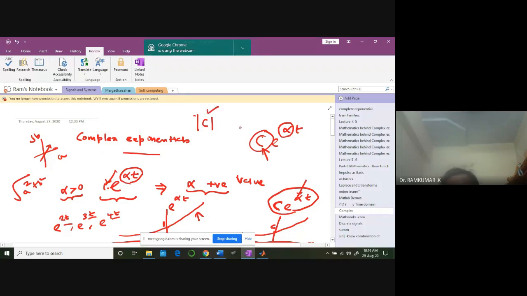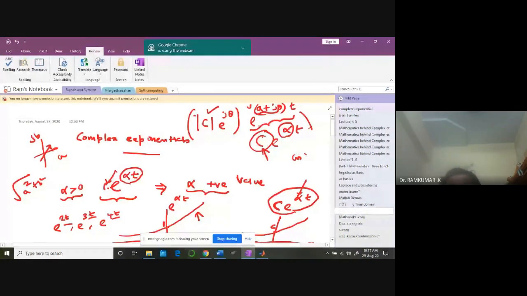If C is complex, then it also has an angle. Therefore it is magnitude times e power j theta. So this is going to get multiplied with e power a plus j omega t, some a plus jb form.